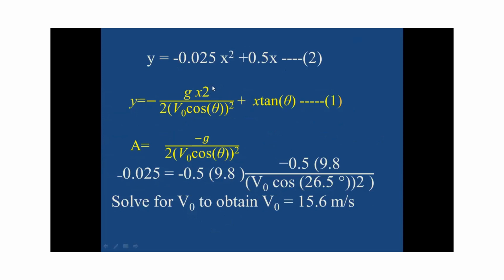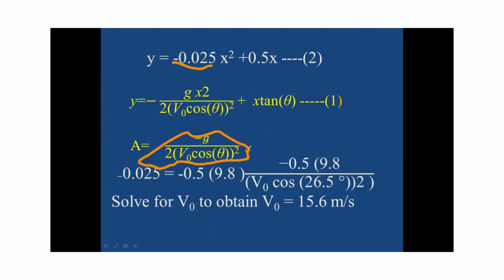And here the coefficient of x squared is minus 0.025, and in the other equation the coefficient of x squared is minus g over 2 v naught squared cos squared theta.